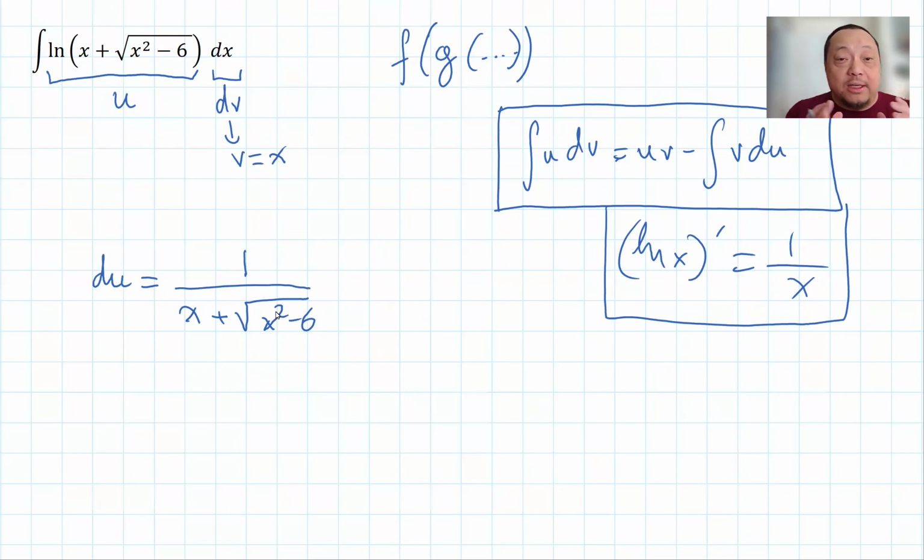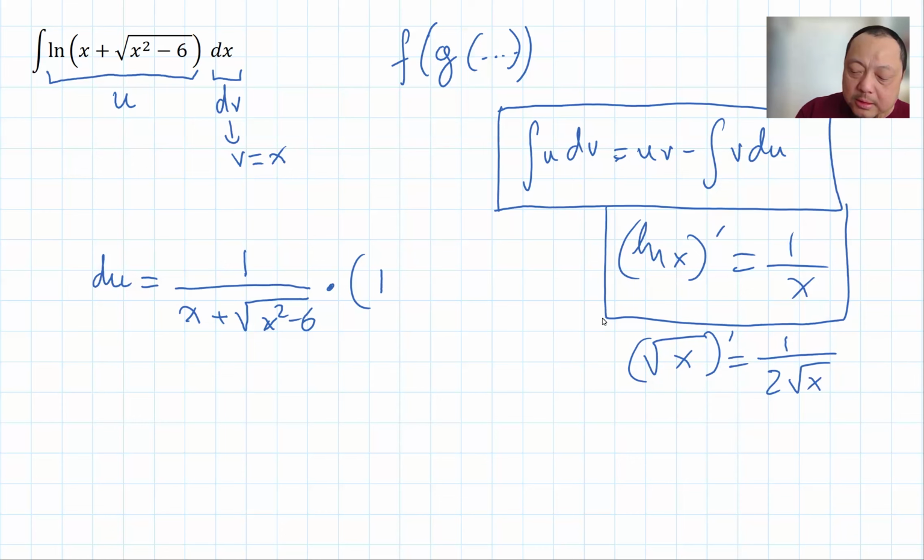Except that there's an inside, it's a composite function, so I'll need to apply the chain rule. So I need to multiply by the derivative of the inside. The derivative of x is 1. The derivative of square root x is 1 over 2 square root x, or you can do it as the derivative of power 1/2.